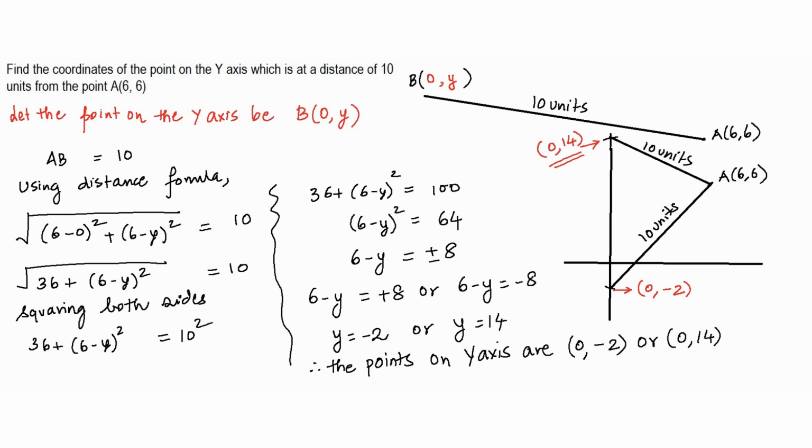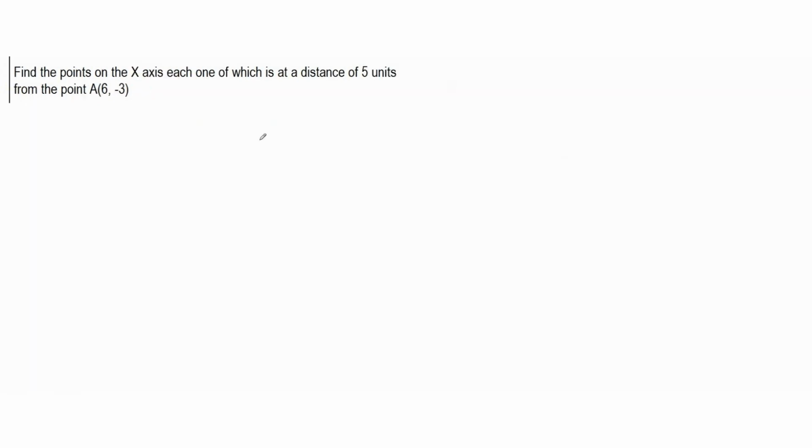Moving on to the next question. Let us solve this particular question. Find the point on x-axis, each one of which is at a distance of 5 units from the point A of (6, −3).